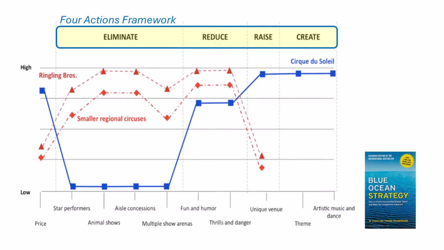The Four Actions Framework helps highlight what aspects of your value proposition you could consider eliminating, reducing, raising, or creating when compared to what your competition currently provides. It also therefore provides a very useful way to evaluate any new emerging disruptive threat from a new entrant or a substitute.